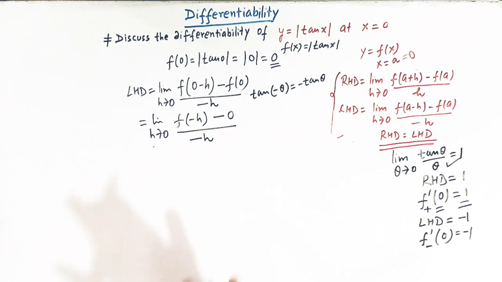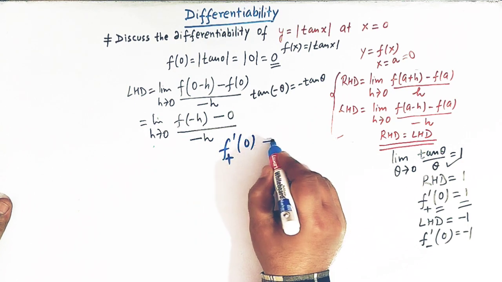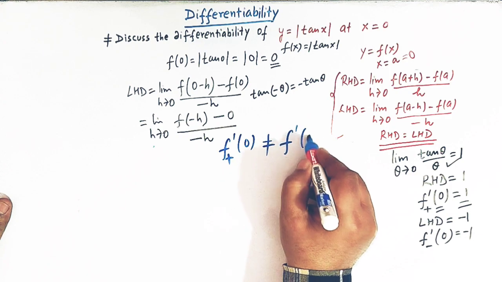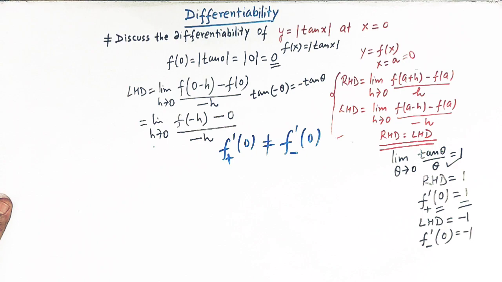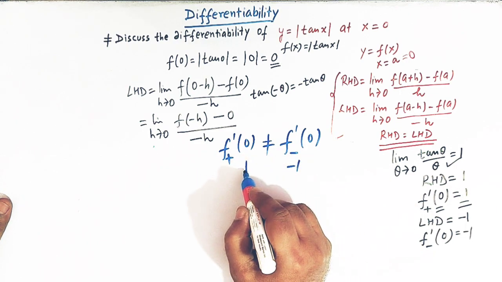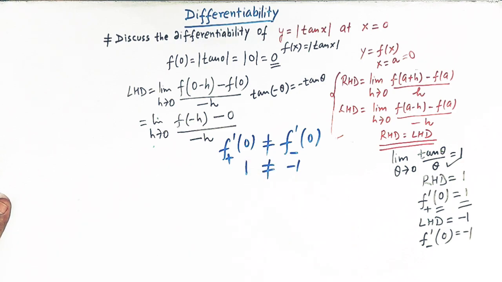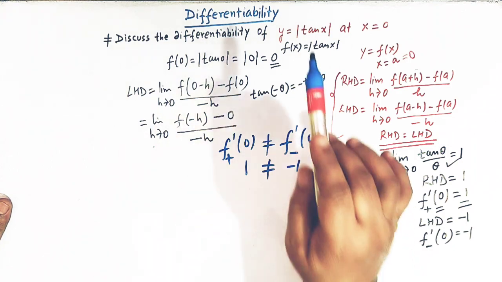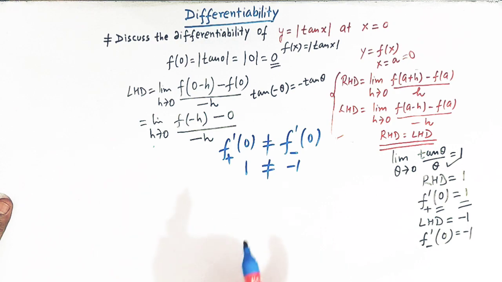So viewers, from this discussion we have seen that the right hand derivative is not equal to the left hand derivative at x equal to 0, because here we have 1 and here we have minus 1, and 1 and minus 1 are not equal to each other, right? So we can conclude that the function mod of tan x is not differentiable at x equal to 0.